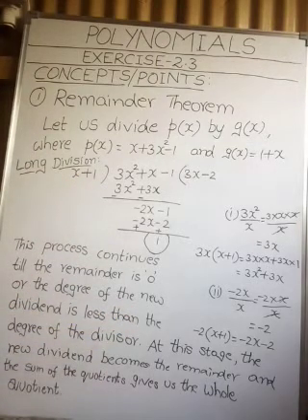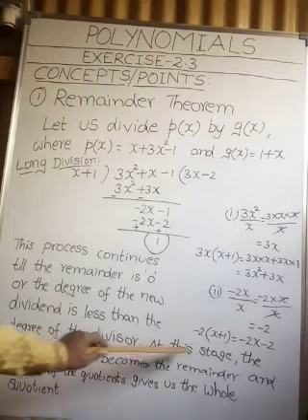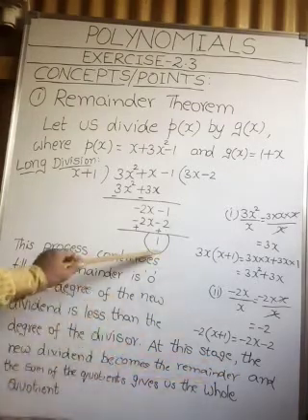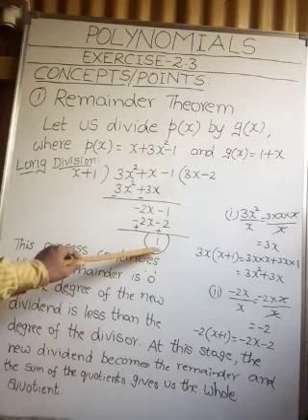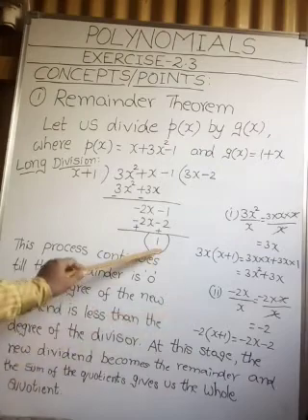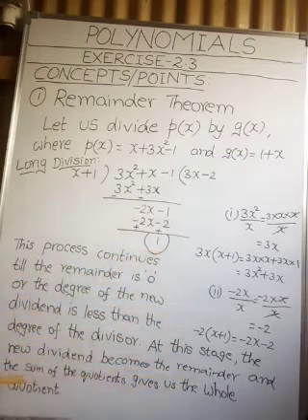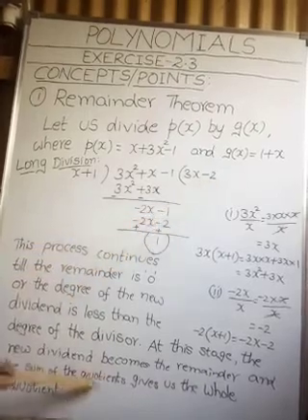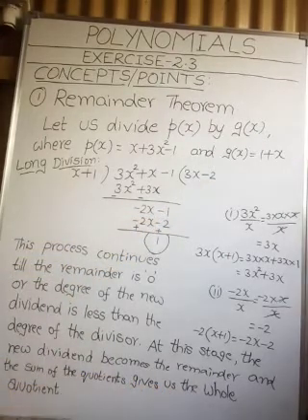Then we stop the division. At this stage, the new dividend becomes the remainder. This new dividend becomes the remainder. We say that this is a remainder. And the sum of these two terms gives the whole quotient.